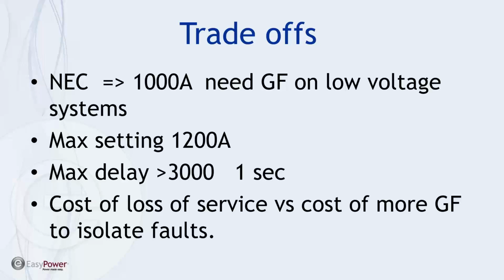And so it really comes down to the risk-reward trade-off the facility is willing to make in terms of the loss of service versus the cost of implementing ground fault protection. And if we're talking about just add-on features or sometimes features that are available in existing protective devices, it's relatively low compared to what we would lose if we lost a bigger section of the plant due to lack of ground fault protection.